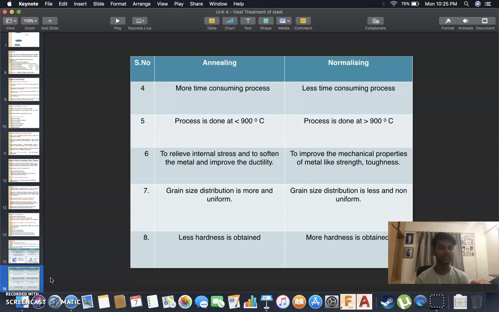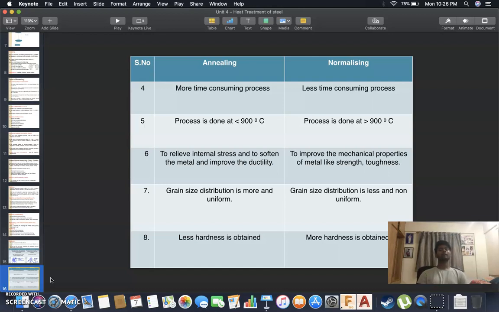In annealing, grain size distribution is more and uniform, and in normalizing, grain size distribution is less and non-uniform. In annealing, less hardness is obtained; in normalizing, more hardness is obtained.